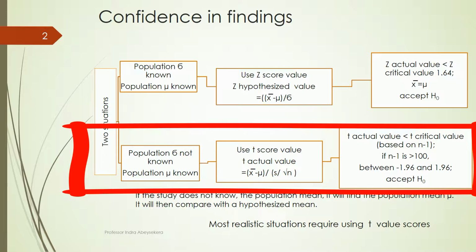If the study doesn't know the population mean, the study can find the population mean by looking at the sample and then coming up with a mean value and consider that as the population mean.